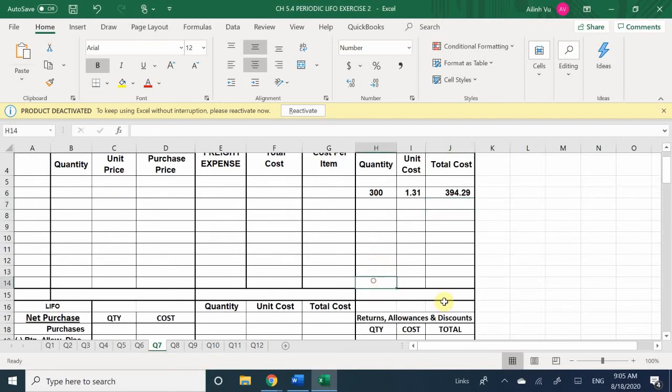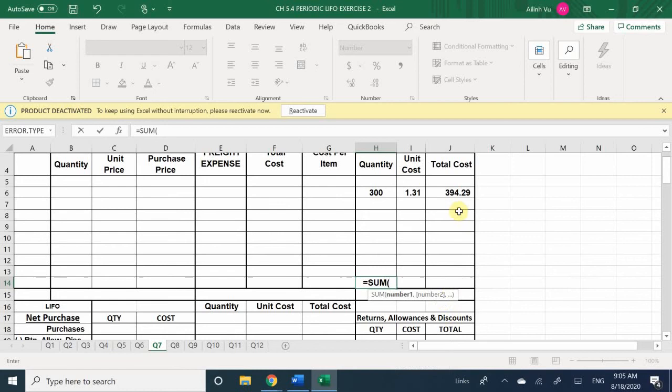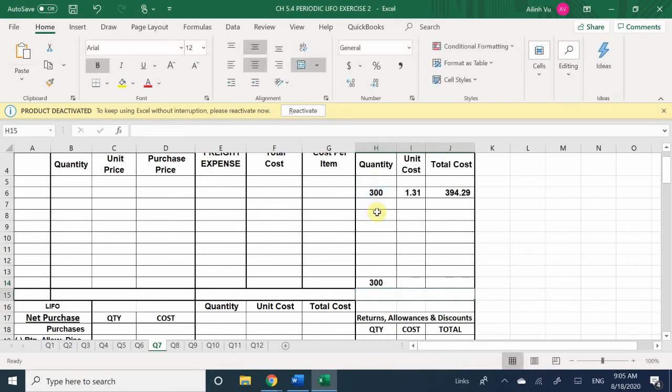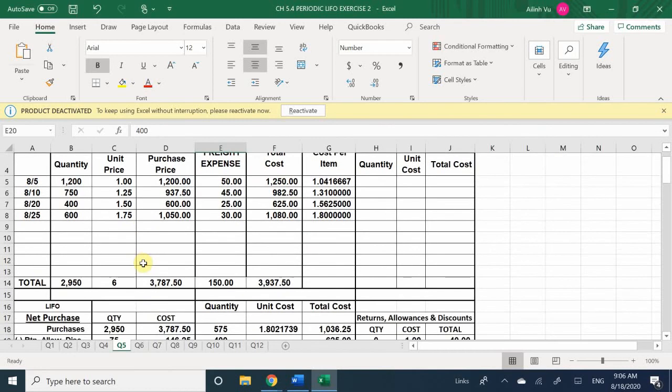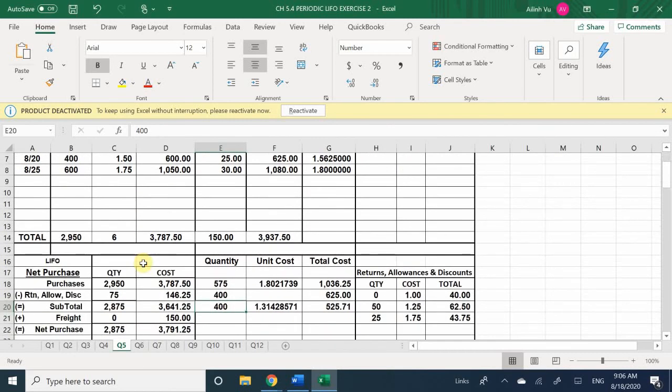We'll double check this to see if it is accurate by summing. Okay, what other batch are we also taking in? The 1,200. Did we make any returns or any adjustments to this one?